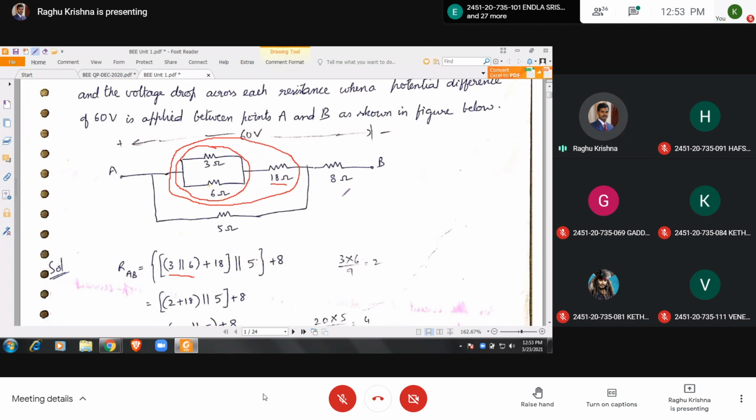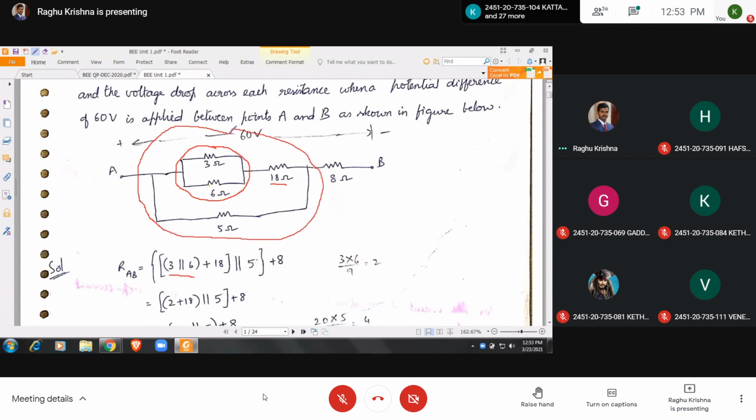And this entire combination is in series with 8 ohms. So I have put this in braces and plus 8. So now let us find the equivalent resistance.